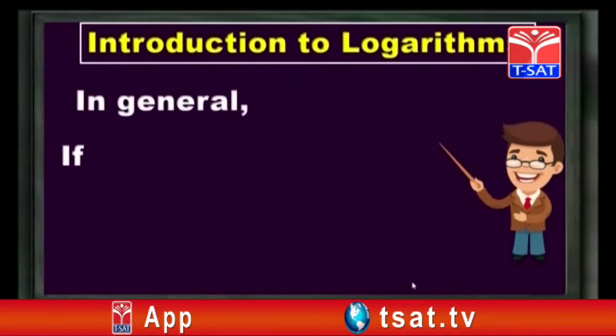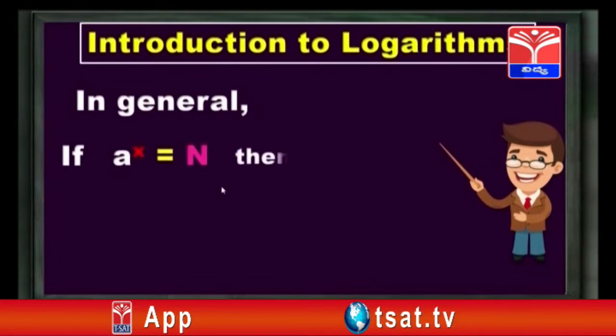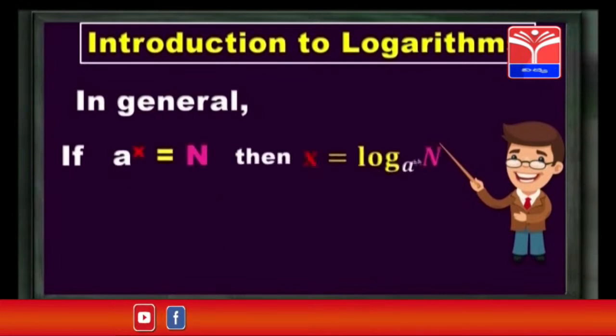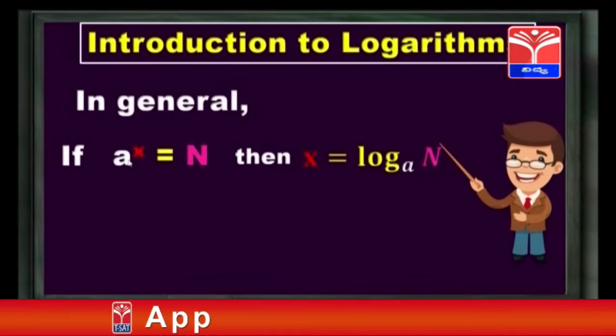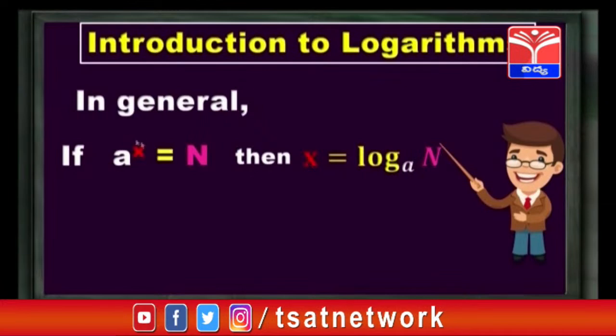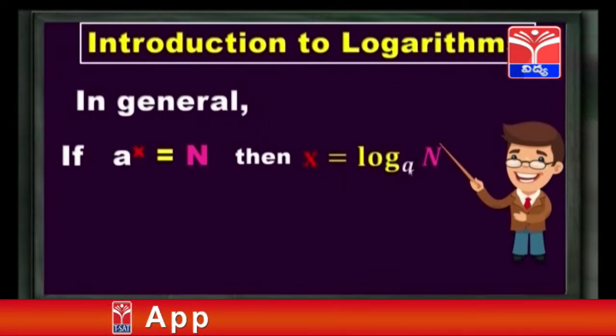In general, if a power x is equal to n, then x is equal to log n to the base a. Observe here, students, this is the exponential form and this is the logarithm form. If the exponential form a power x is equal to n is given, to convert into logarithm form we write the power x is equal to log n to the base a.